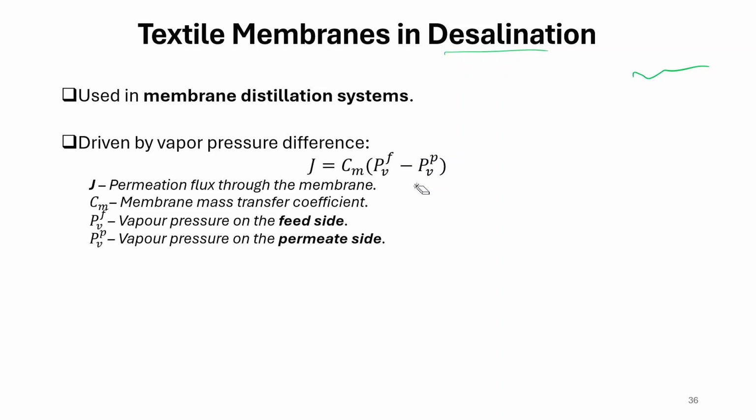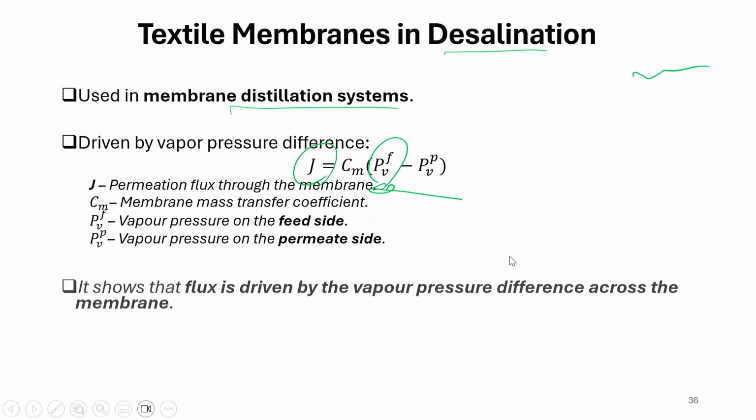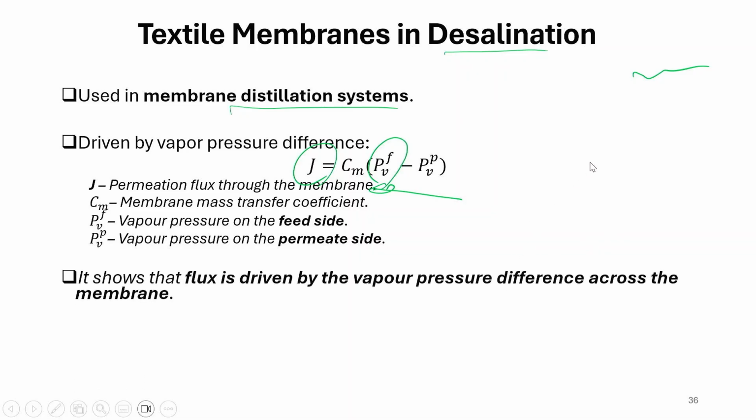If we increase Pf, the flux will increase, but the problem is that filtration performance may be affected. So, it shows that high flux is driven by the vapor pressure difference across the membrane.